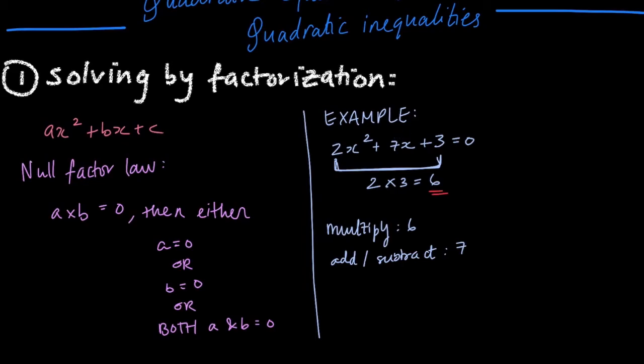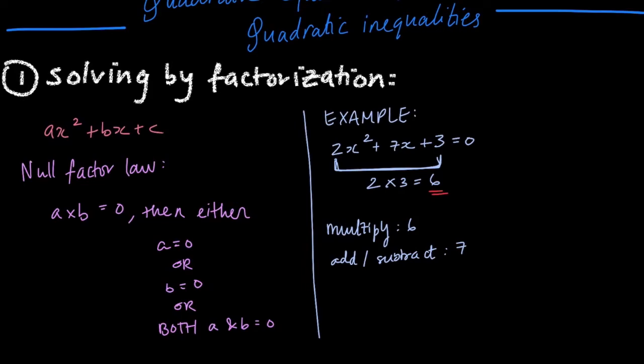That doesn't change. We just take the product as a multiplied by c. The only two numbers that multiply to give us 6 and add to give us 7 are 6 and 1, because 6 times 1 is 6 and 6 plus 1 is 7, which is what we need.